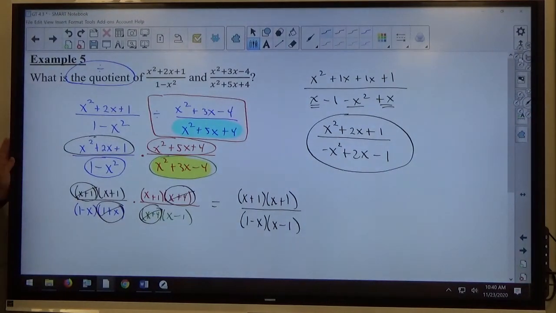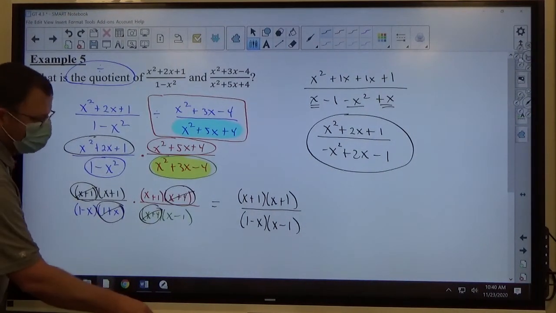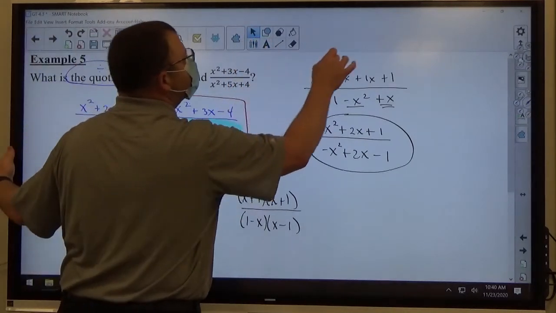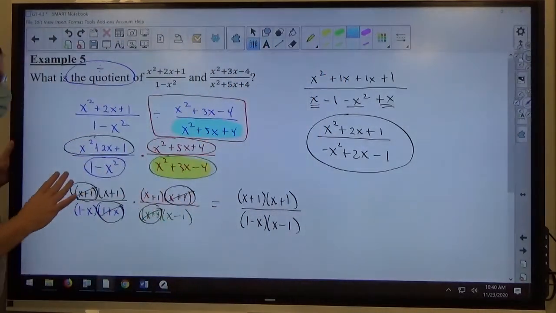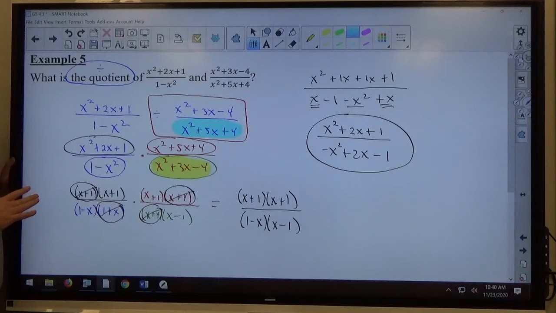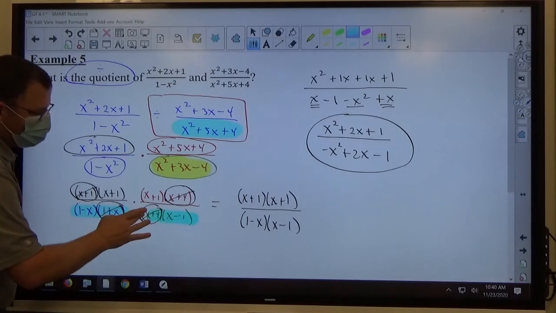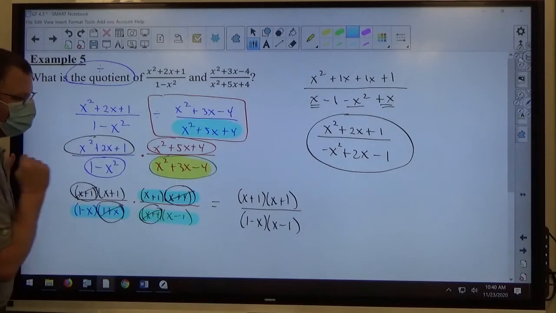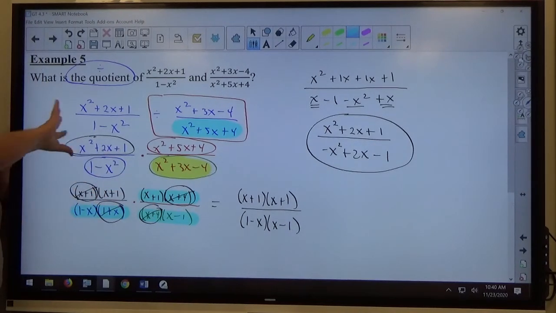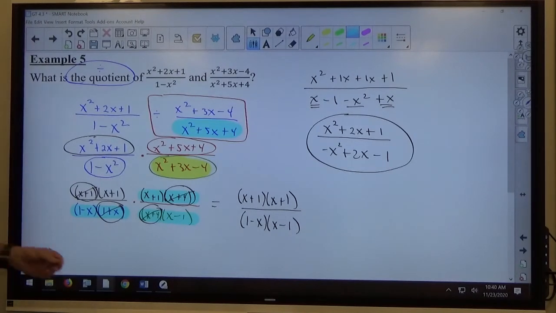As for domain, again, when I'm looking at domain, everything that was on the bottom at some point during the problem needs to be considered here. This has always been on the bottom. This was on the bottom when we flipped, and this was on the bottom before we flipped. So all three of those places were at some point in the problem on the bottom. So anything making any of those factors equal to 0 represents a domain point.